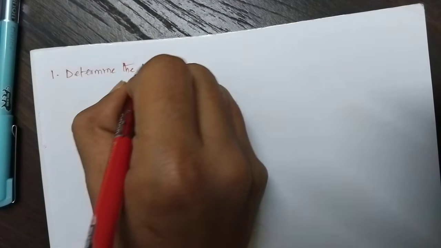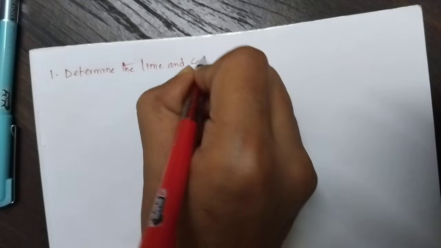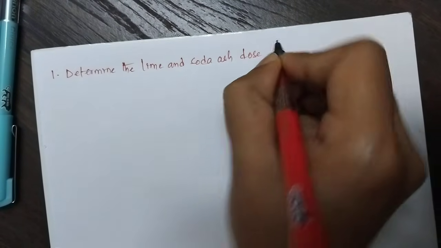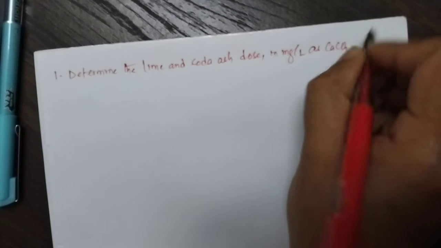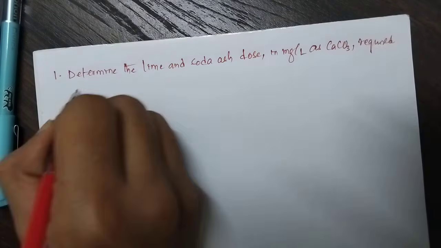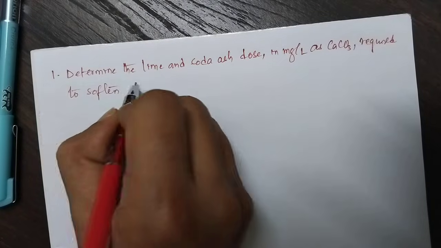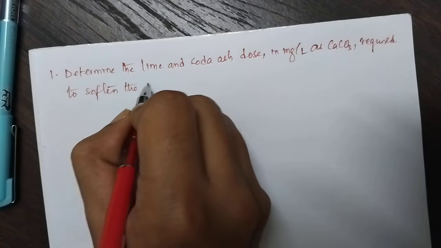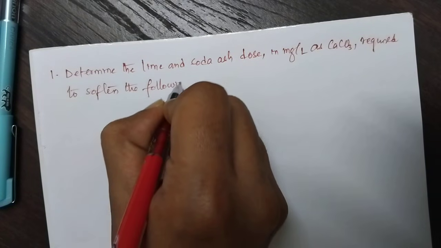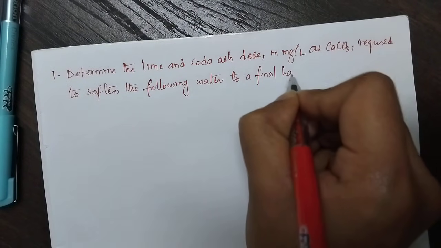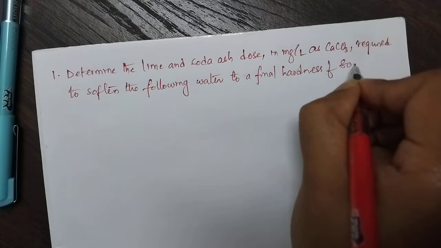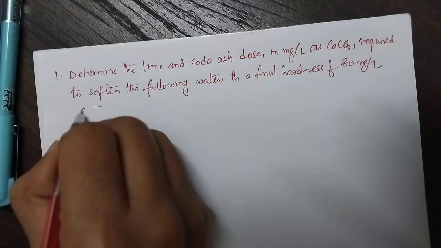The first question: determine the lime and soda ash dose in milligram per liter as CaCO3 required to soften the following water to a final hardness of 80 milligram per liter as CaCO3.